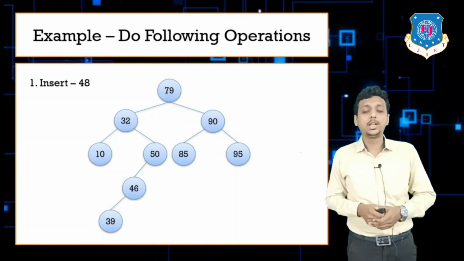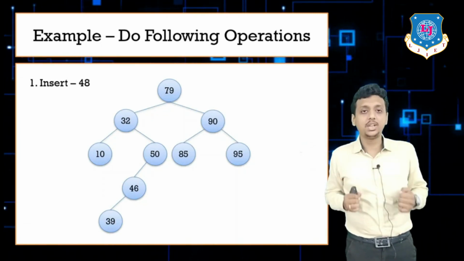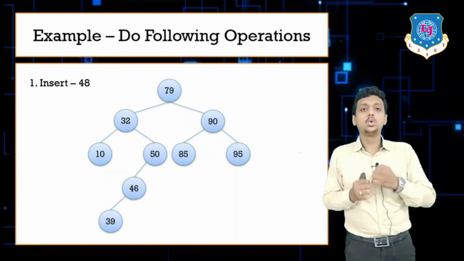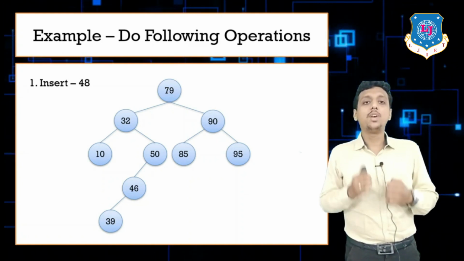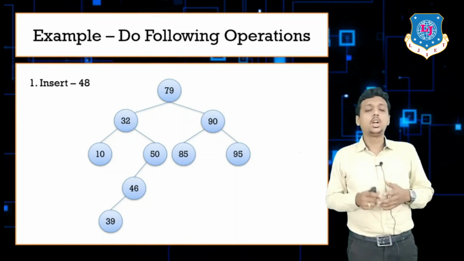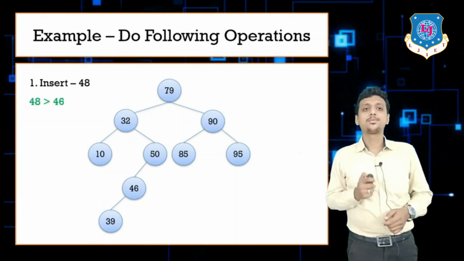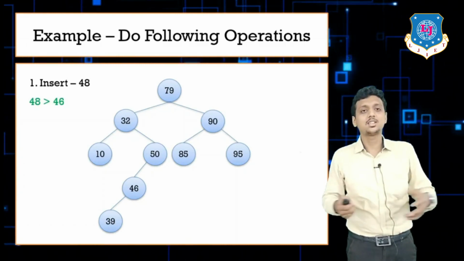There is a node 50. Now 48 is less than 50, so it must go on the left side of 50, where I have 46. So 48 must be inserted on the right side of 46. So here it is, 48 is inserted successfully.